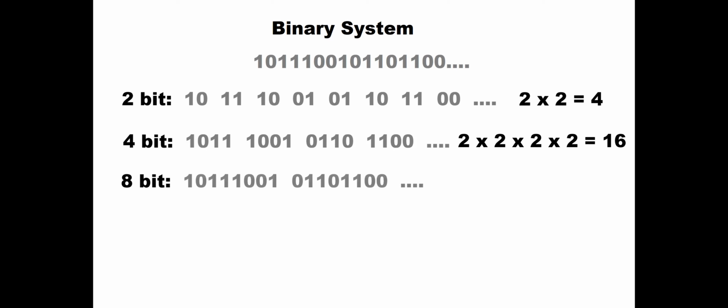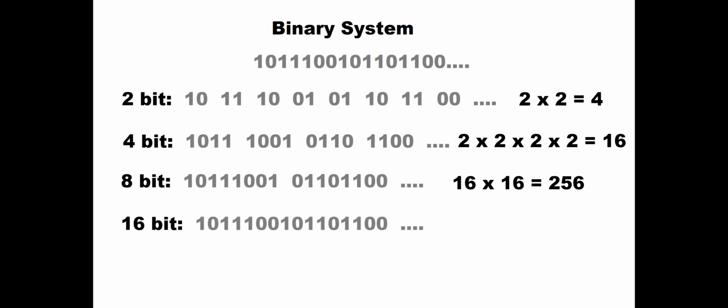How about the 8-bit system? If it's 8-bit, then 1 byte, how much information can it carry? 256. If you go further, if it's 16-bit, it should have a lot more information. Then we can get more than 65,000 different kinds of information. Maybe we may not need this high.